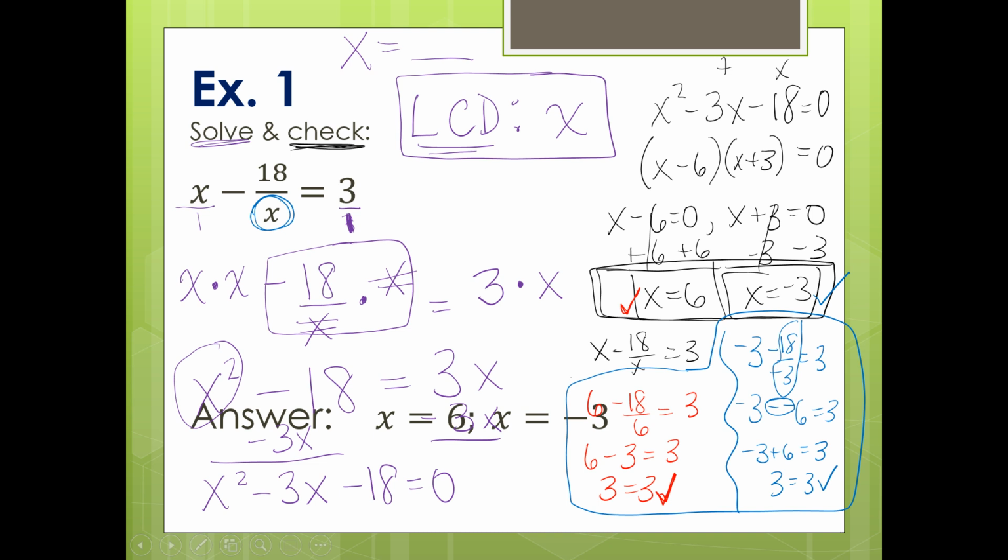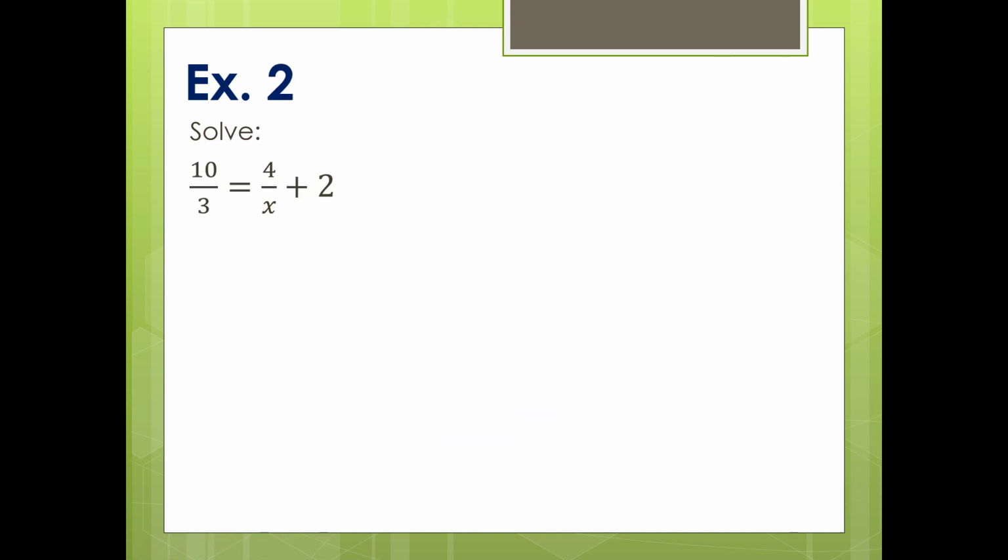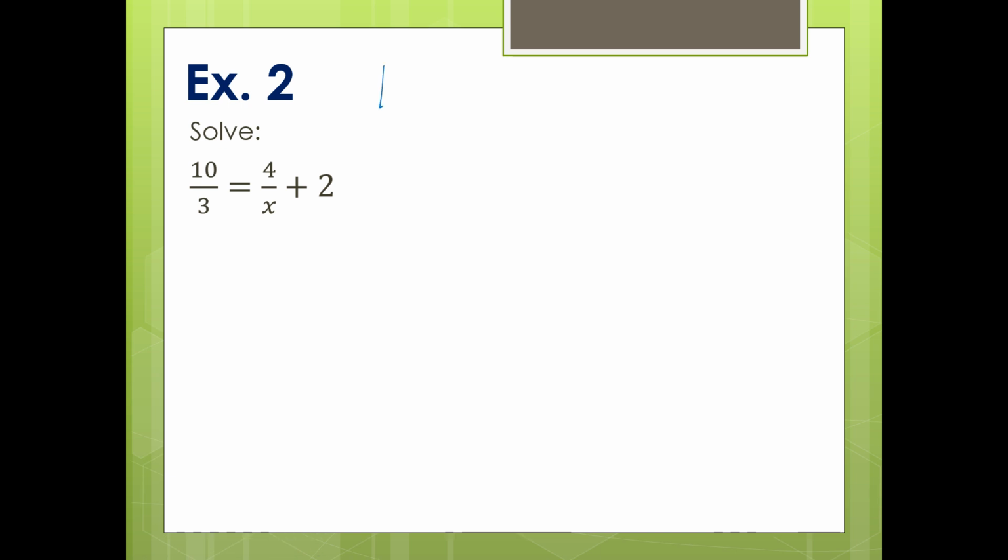Oh, I already had the answers in there. What do you know? All right. Next one says just to solve. It says 10 over 3 equals 4 over x plus 2. Again, you want to look at your LCD, your least common denominator. On the bottom, we have a 3 and we have an x.